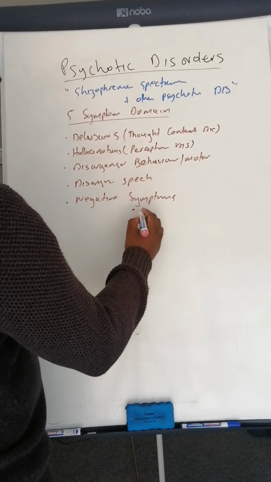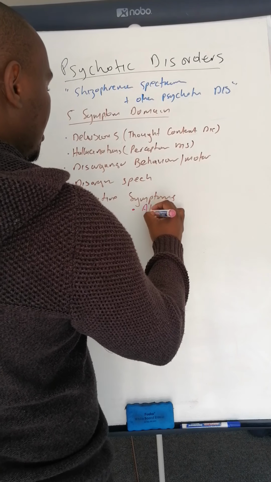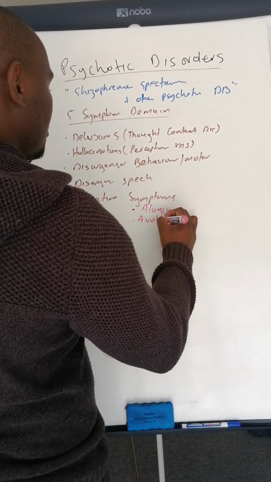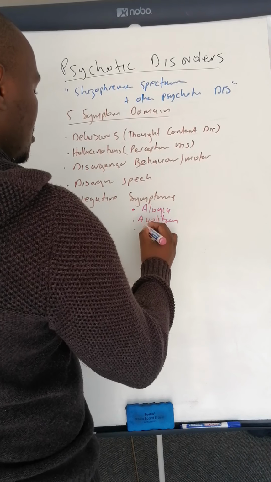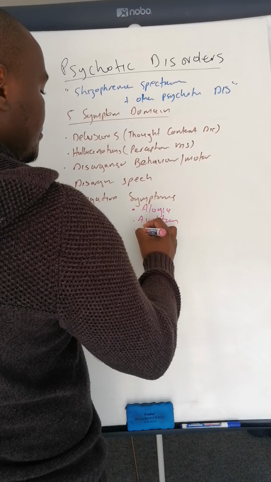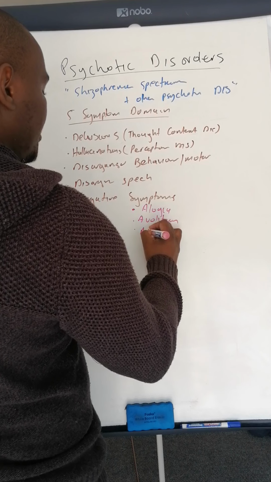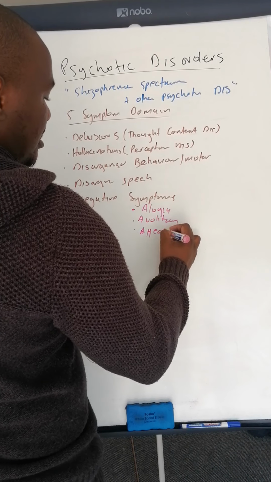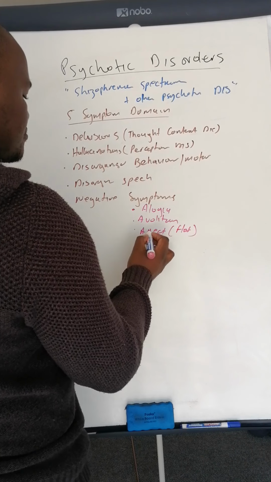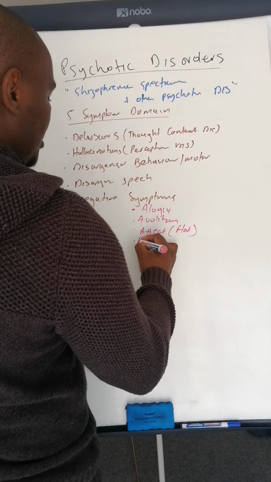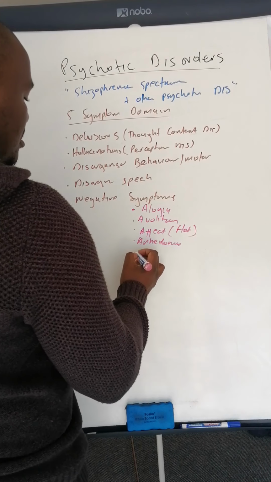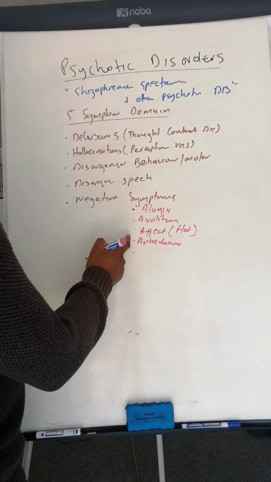Negative symptoms include what they call alogia, avolition. So basically it's a flat affect, the other A, then anhedonia, and then we have 1, 2, 3, 4.